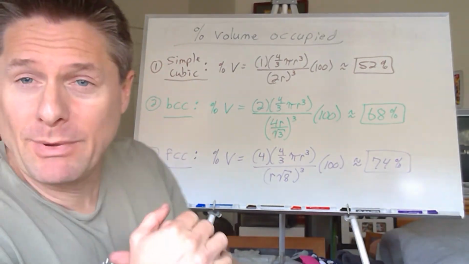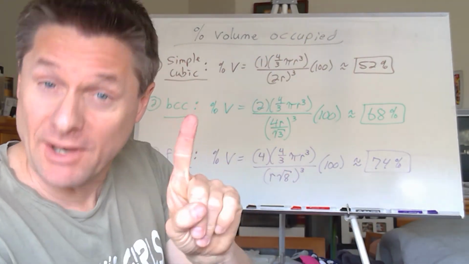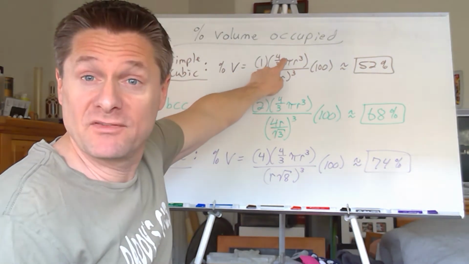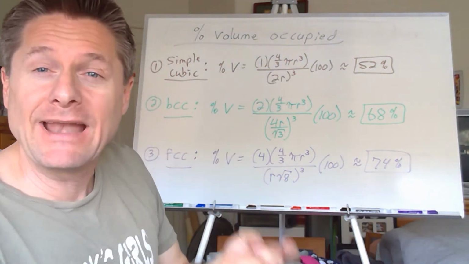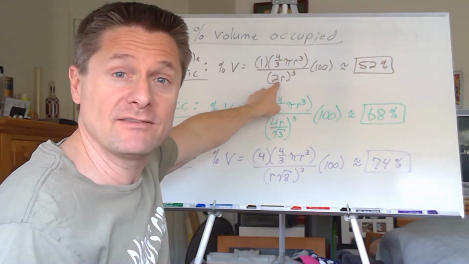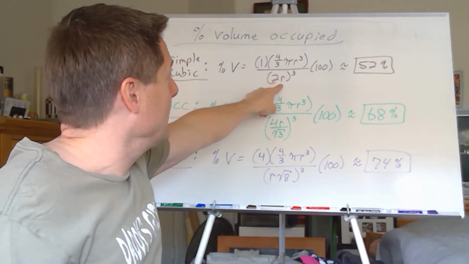Let's take simple cubic. Let's calculate the percent volume, all right? So that's going to be the volume of the spheres, which is the number of atoms times the volume of the sphere. So 1 atom times the volume of the sphere, 4/3 pi r cubed, divided by the length cubed. Well, the length is just 2 times the radius, so you cube that. Now see how you're going to get r cubed here?